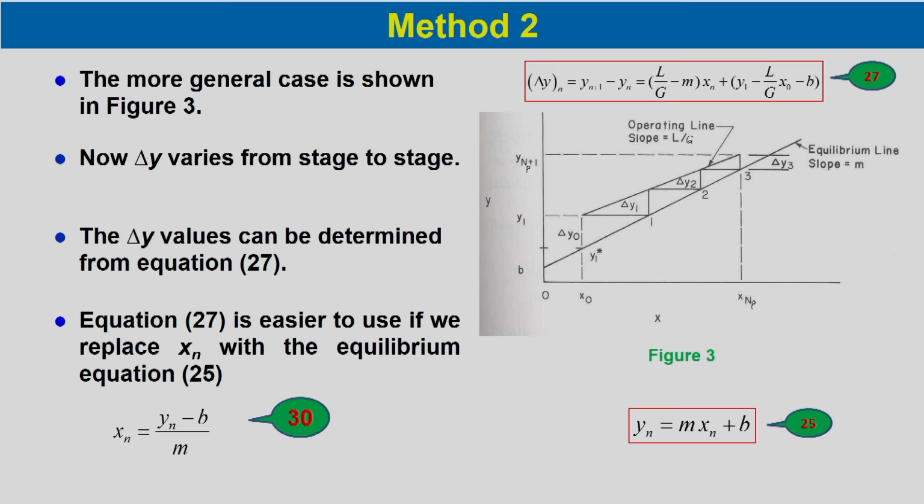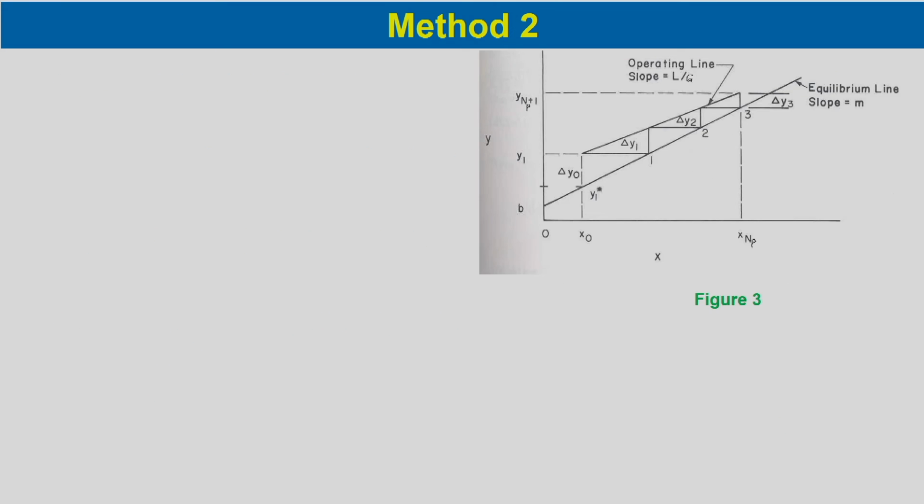If we substitute this in equation 27, we obtain: delta y n equals L by m G minus 1 times y n plus y 1 minus L by m G times b minus L by G times x naught.